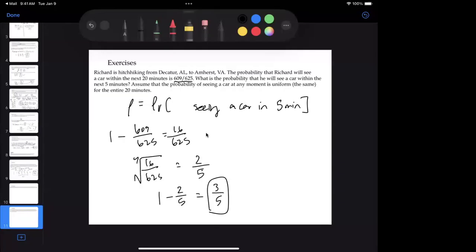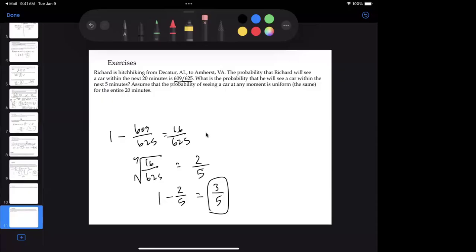So anyone have any questions? So basically, the probability that Richard does not see any car in the next 20 minutes is 16 over 625. We know the probability of him not seeing a car within 5 minutes, and we take it to the fourth power to get the probability that he does not see a car in the next 20 minutes.